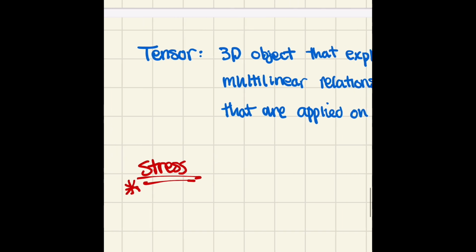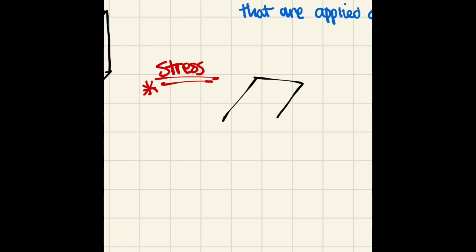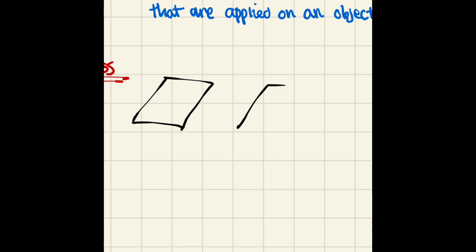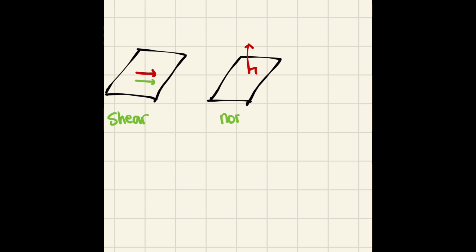But there are two types of stresses that are really important. One is shear stress, and another one is normal stress. From its name, you can infer that the shear stress is parallel, tangent to the surface, and the normal stress is perpendicular to the surface area.